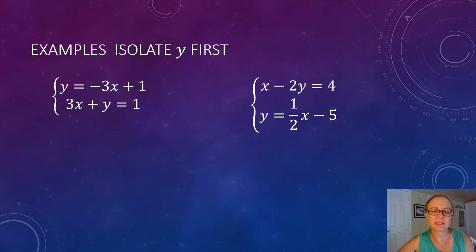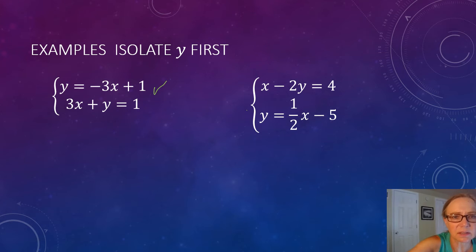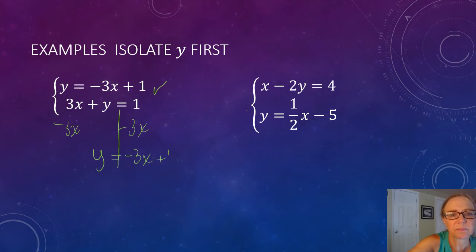All right, we're going to do an example of each type of special case. In the first example, notice that I have one y equals equation. So this first equation already has y isolated. But in the second equation, I need to move the 3x to the other side by subtracting. And now I have y equals negative 3x plus 1.